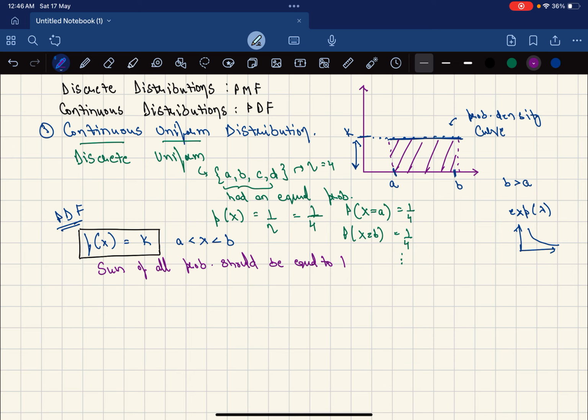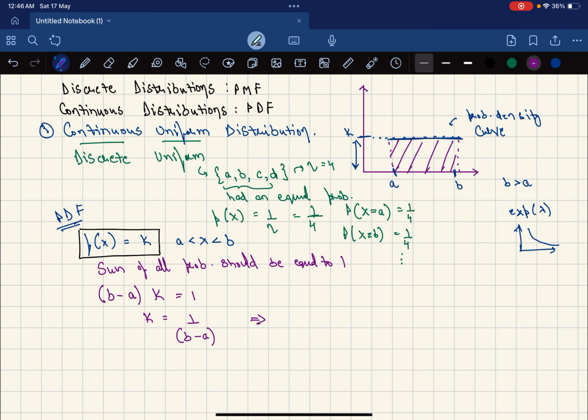To calculate the area of this particular shaded rectangle, we look at b minus a multiplied by k. So this is the area of the shaded region, which is the area of the rectangle with base of b minus a and height of k. This should be equal to 1 since the total probability is always equal to 1, and therefore k is nothing but 1 upon b minus a.